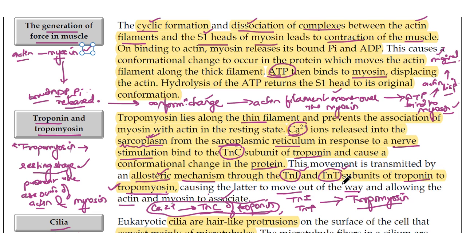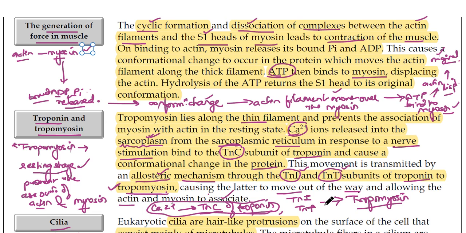TnI and TnT then transmit the signal to tropomyosin, and tropomyosin moves out of the way, so that the association between actin and myosin can occur.